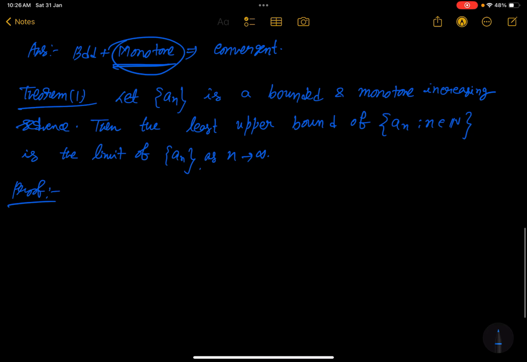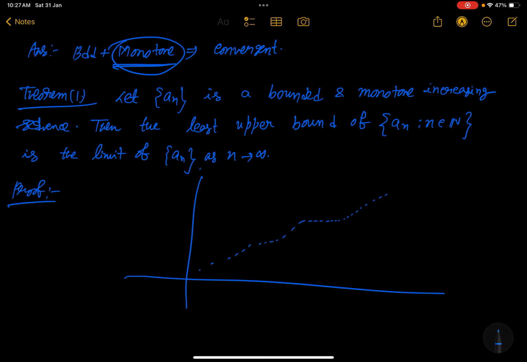What it is saying is, suppose I have a sequence which is increasing. It need not be strictly increasing, it just has to be increasing like this, but it is bounded.